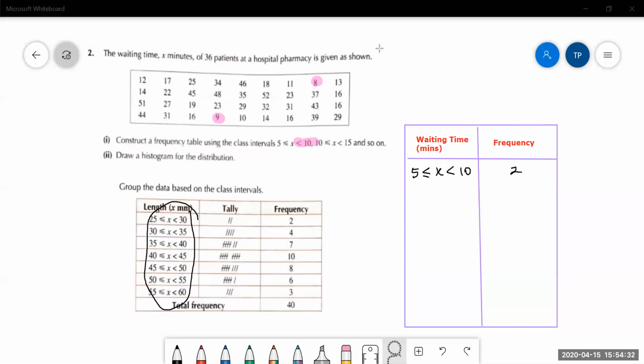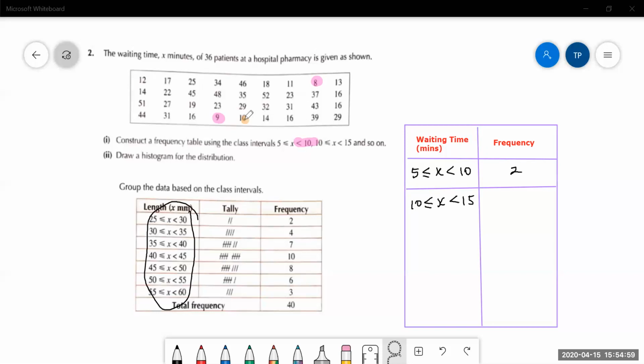Okay. Then from here, I'm going to find the next one, which is from 10 inclusive, because previously I did not include 10, right? So the next timing will be inclusive of 10 to 15, but exclusive of 15. So now we have to find what are the different timings within this range.